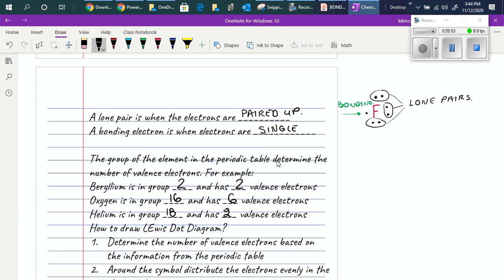Because this is an exception, helium is in the first period, which has only one energy level. However, for the other noble gases like neon, argon, and so on, the number of valence electrons is 8.